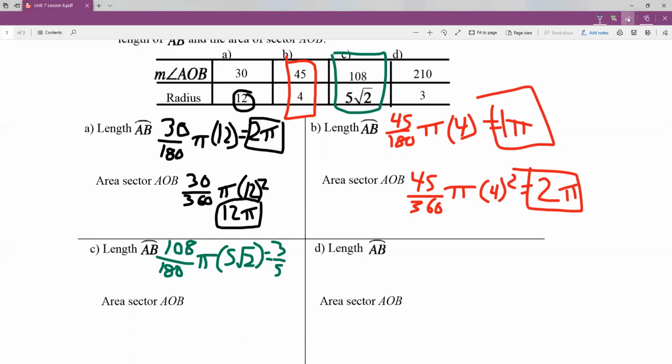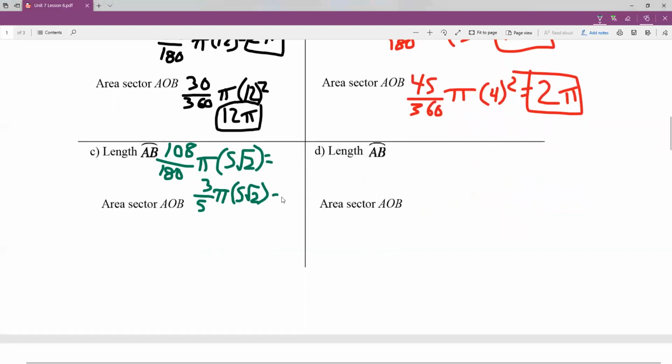I'm going to need more room. So I get 3/5 pi times 5 root 2. If I multiply this and the 3/5, the 5s cancel, and I'll be left with 3 pi root 2 as my answer for the arc length.